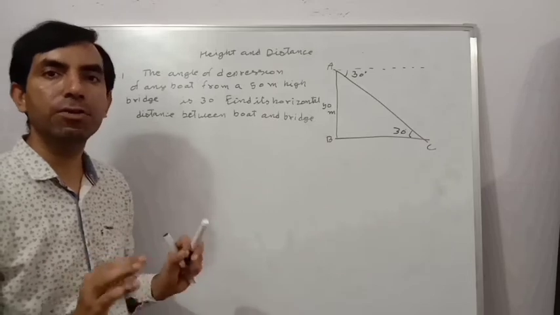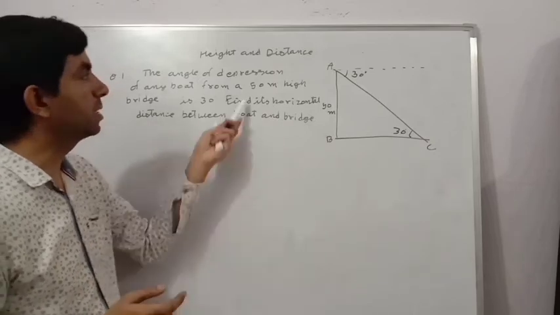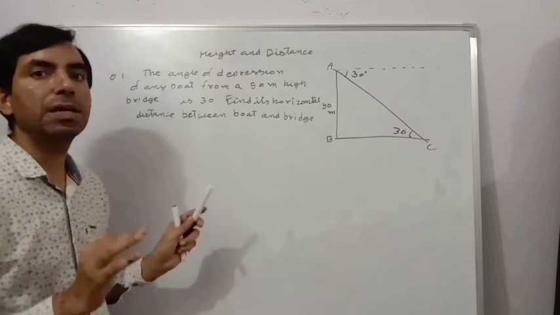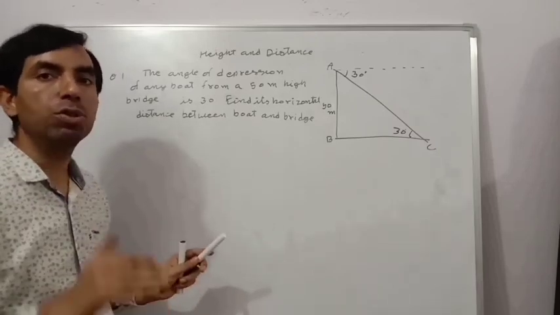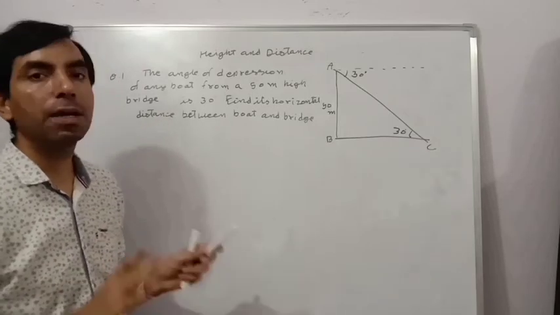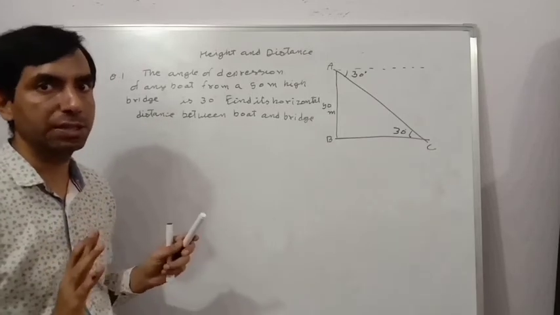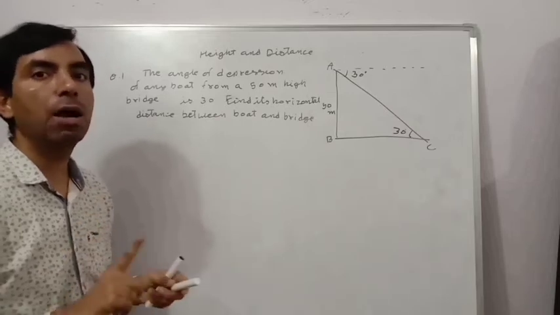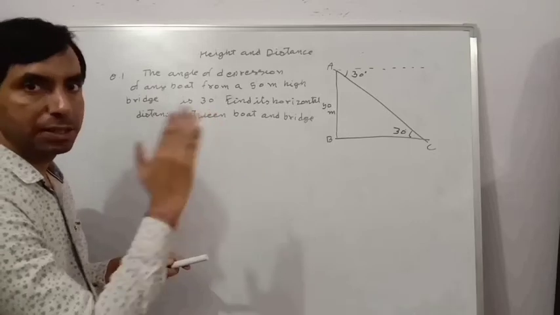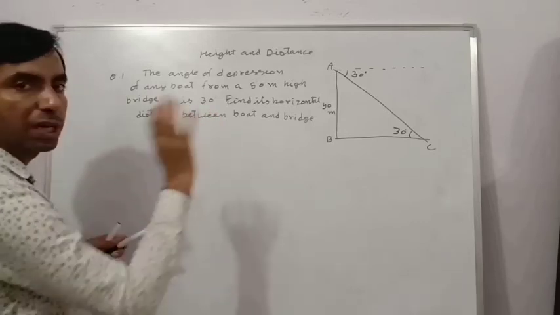Do not get confused between depression angle and elevation angle, because both values are the same. The depression angle is made at the top point and the elevation angle is made at the bottom point, but both make the angle with the horizontal axis. So both angles are equal.